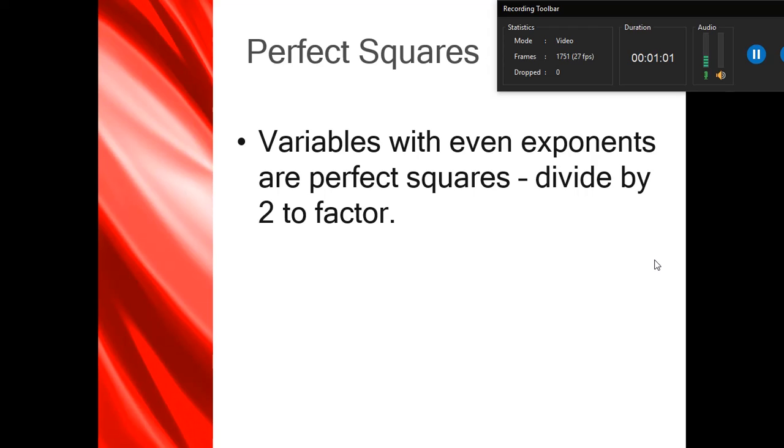Now, variables can be perfect squares. If you examine their exponent and it's an even number, we're simply going to divide by 2 to split it up equally into two identical factors. So x to the 6th is even. The two identical factors are x to the 3rd times x to the 3rd. Now there's other factors that are possible, but we're trying to keep the factors identical.